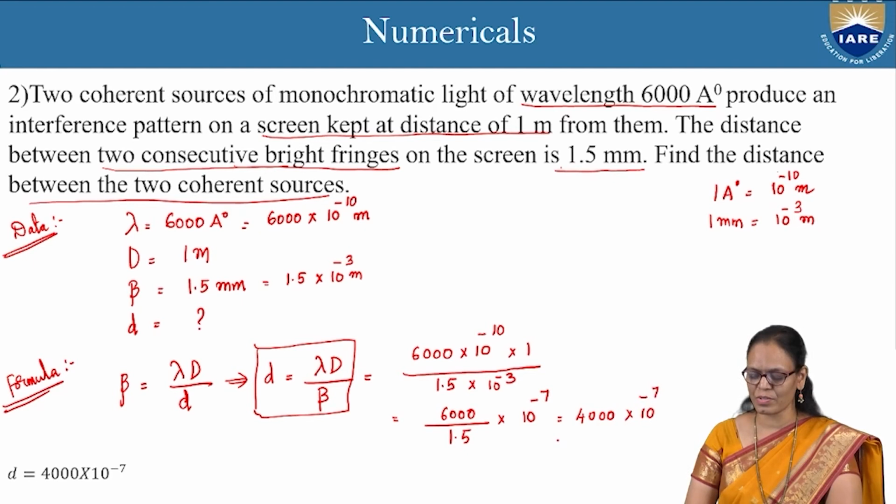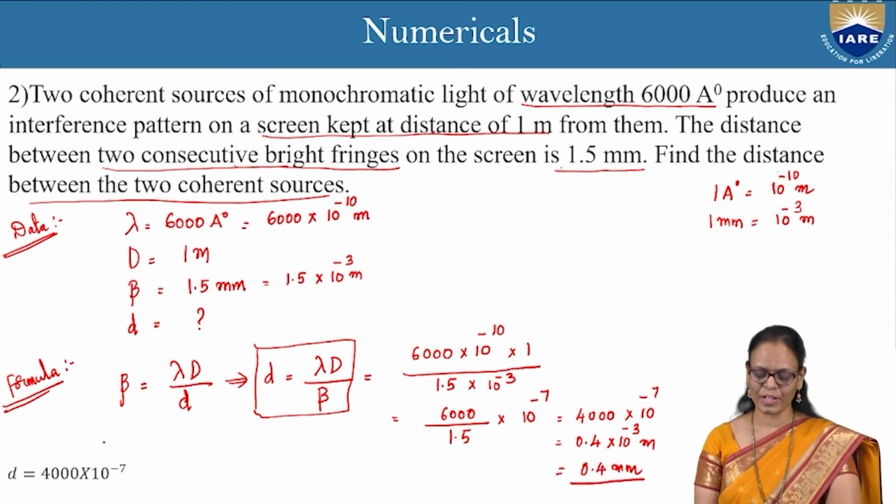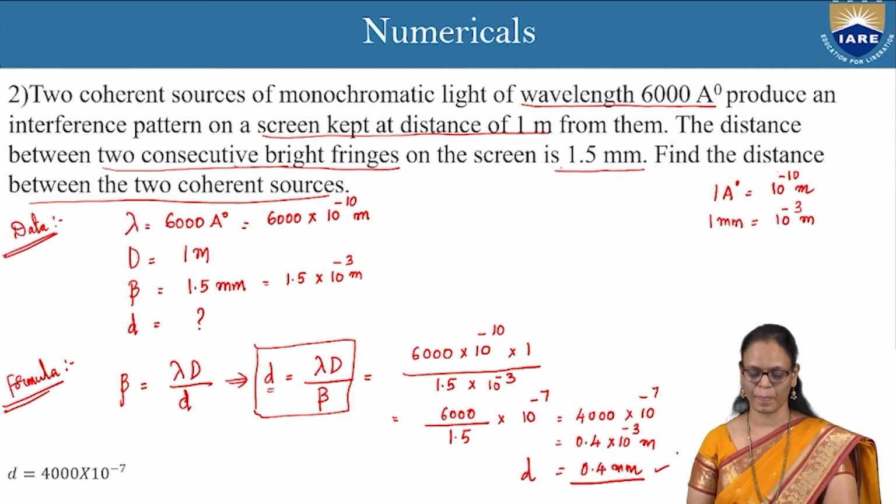So we can also write it as 0.4 into 10 power minus 3 meter, or simply 0.4 millimeter. So what we are trying to find here is the distance, small d. The slits are separated by a distance of 0.4 millimeter.